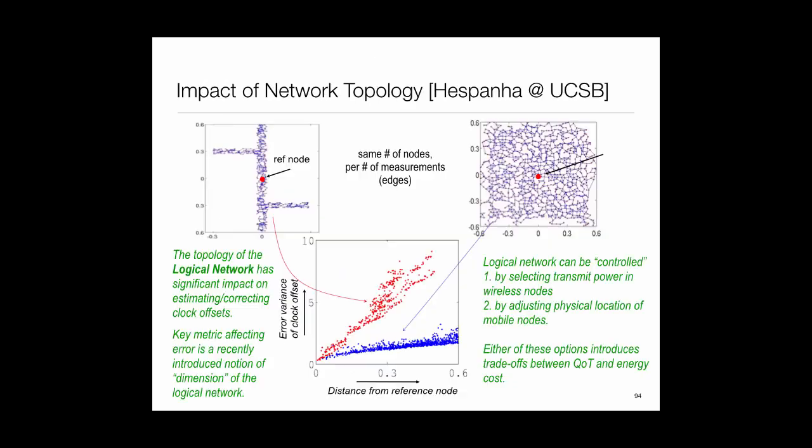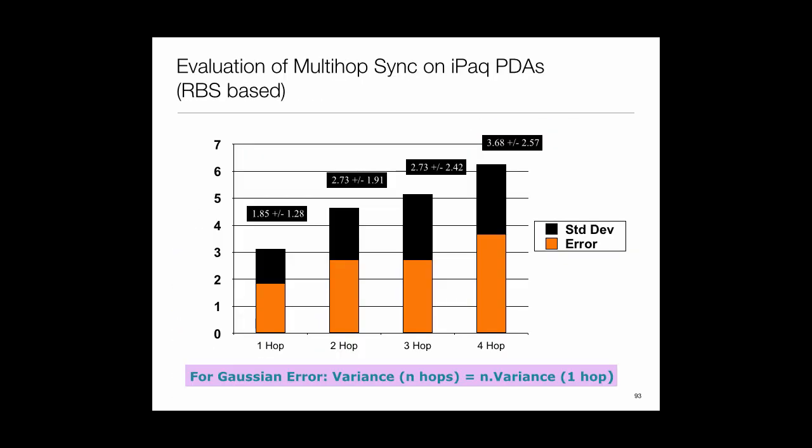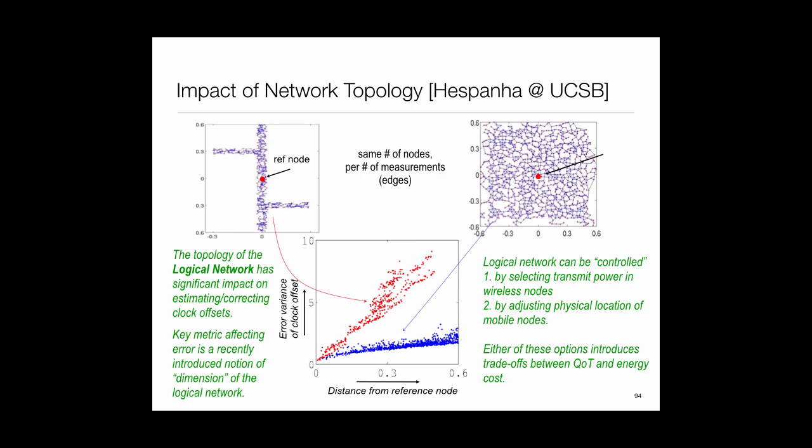As I mentioned, there are, what should I show out here? Yeah, this shows that, of course, as the number of hops increases, you are going to see worse and worse quality. So nodes which are farther apart are going to have poorer time quality between them. Some work out of Santa Barbara in recent years has shown how network topology matters.